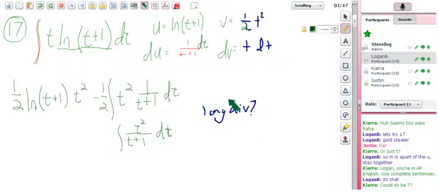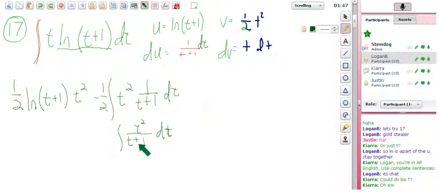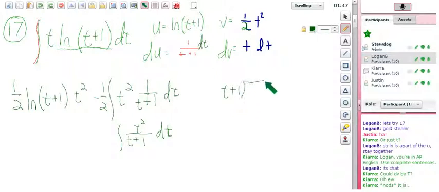Long division, yeah, very good, because this is what we would call an improper rational expression, and so for this part we'll just use long division really quick, we'll get it over with.